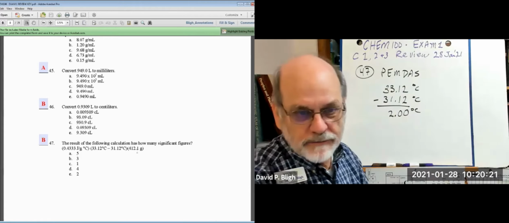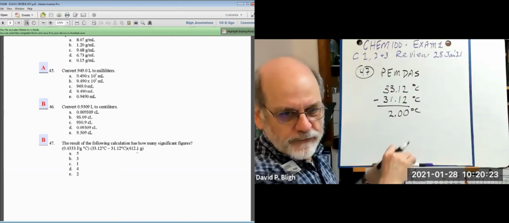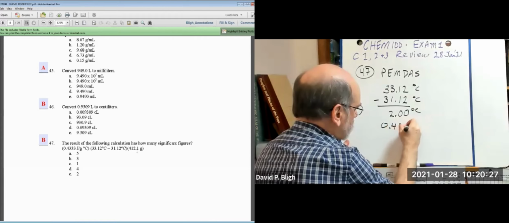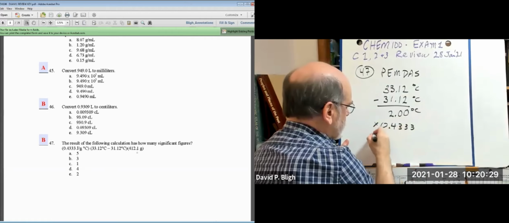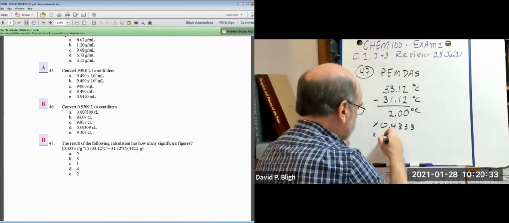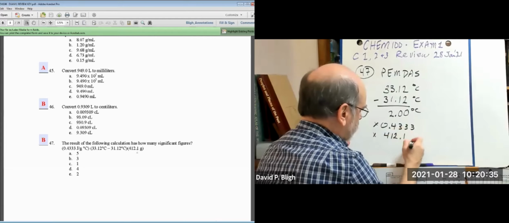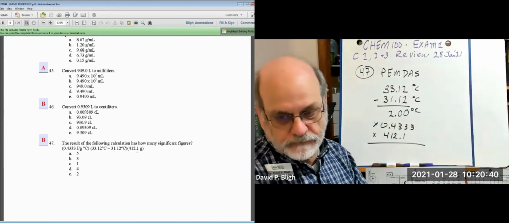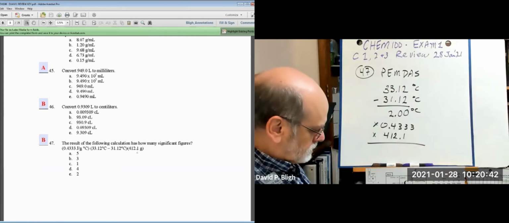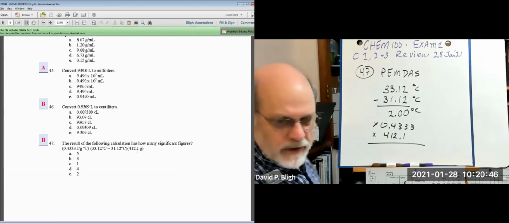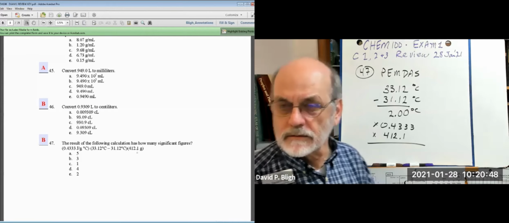So 2 times 0.4333 and then times 412.1. So multiply those 3 together. We know what? We don't even have to finish it.